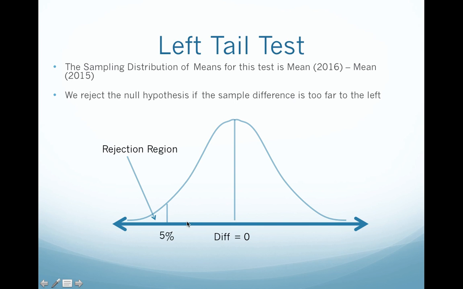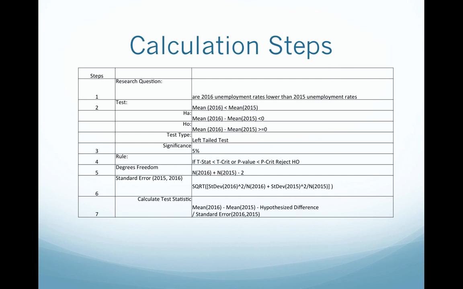And in our case, the only way we would reject the null hypothesis is that we wound up way over here with a difference that is so small that there's just no way that sample could have come from a population with a mean difference between 2015 and 2016 that was 0 or more. And so that's what makes it a left-tailed test.